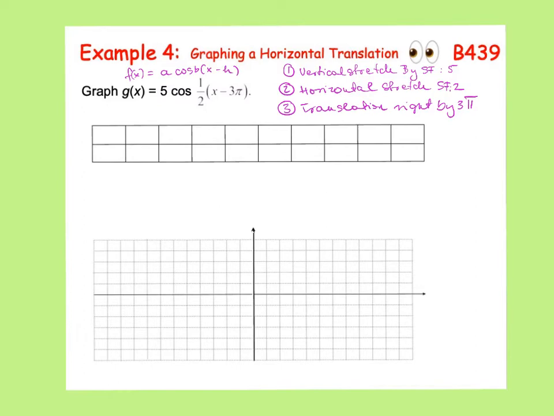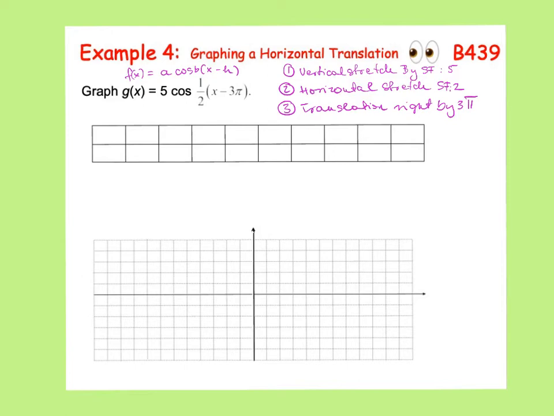Above here, obviously there is no k, so we are not moving up or down. And so we can see that the absolute value of a is our amplitude, which is 5, b is 1/2, and the horizontal translation is going to be 3 pi.